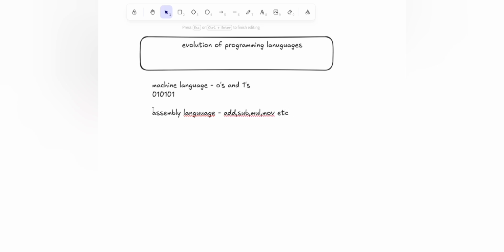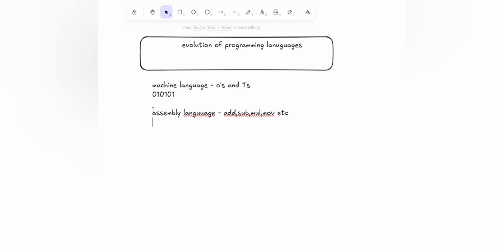Instead of remembering long binary numbers that were very complex for a human to remember, these assembly instructions replaced machine language. Instead of zeros and ones combinations, instructions like add, sub, mul are very meaningful words, very easy for a human being to remember. So programmers could use these meaningful words instead of binary numbers.